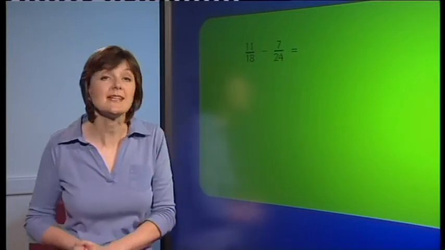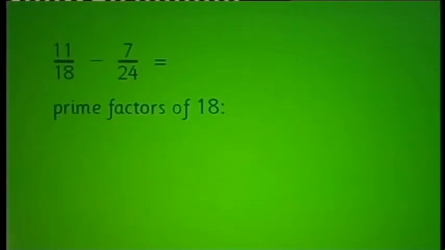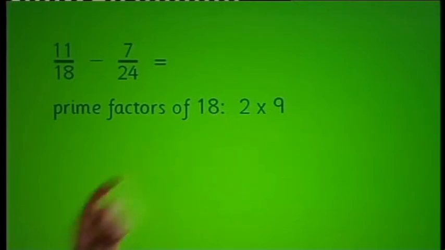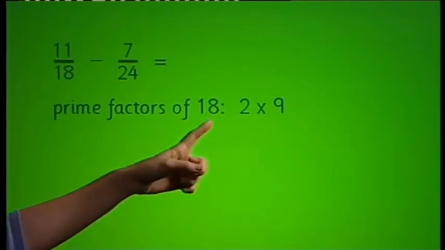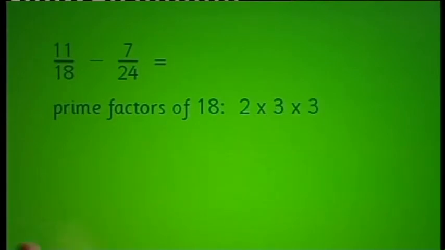We start with 18 and we work out its prime factorisation. That's pretty much mental maths. 18 is 2 times 9. 2 is a prime number and 9 is 3 times 3. And 3 is a prime number. So the prime factors of 18 are 2 times 3 times 3.